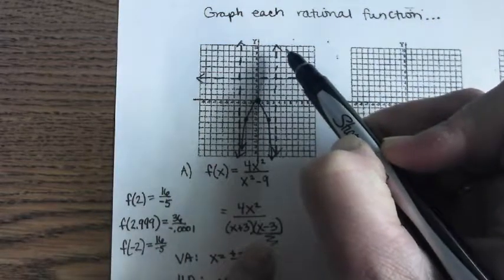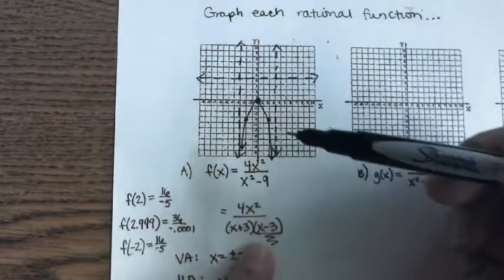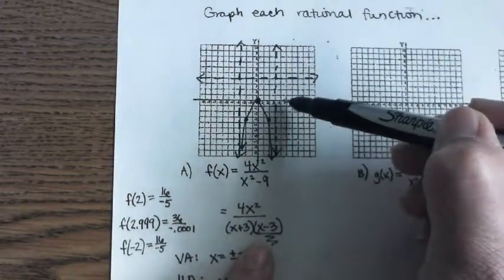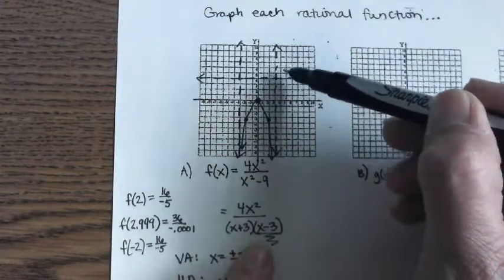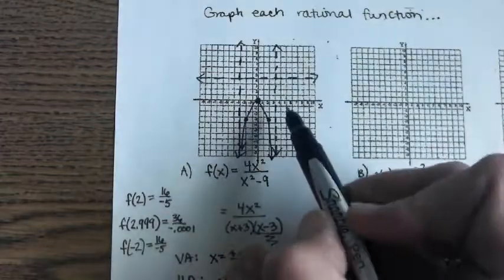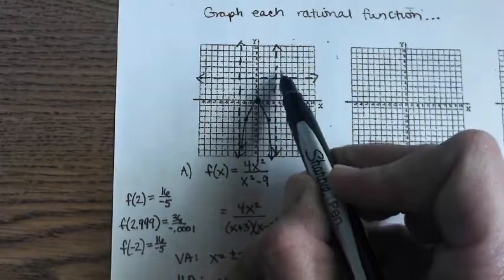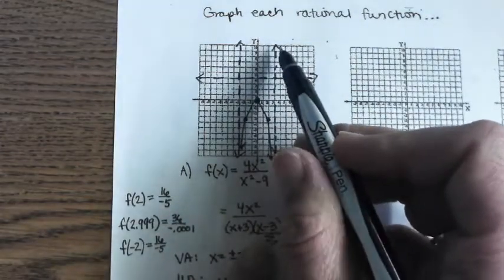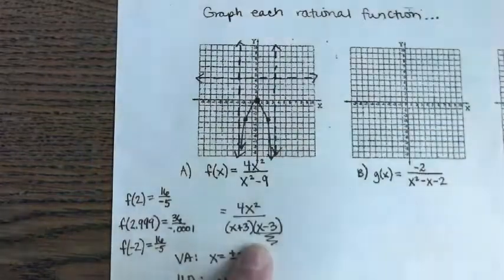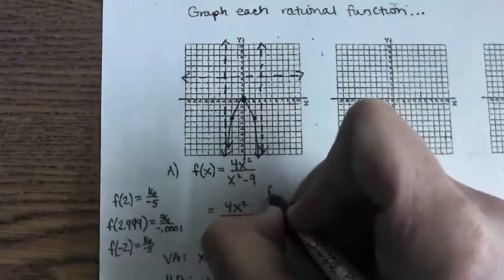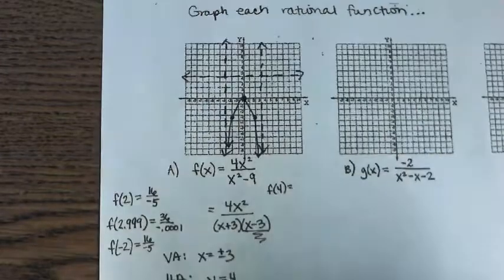Does this make sense? Because of that degree of 1. If you ever doubted it, you could plug in 4 and see that it's going to be over here. You could plug in 3.001 just to get a feel, and it's going to be positive infinity. Okay? If you want to plug in 4 just for accuracy, you also may do that.